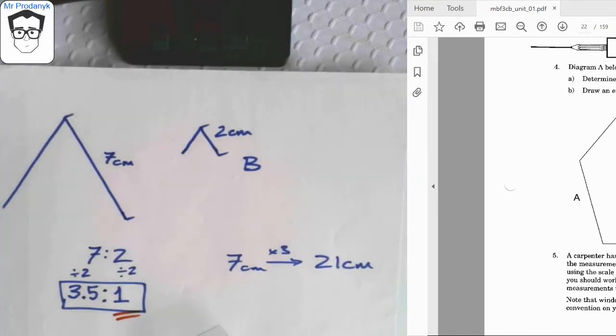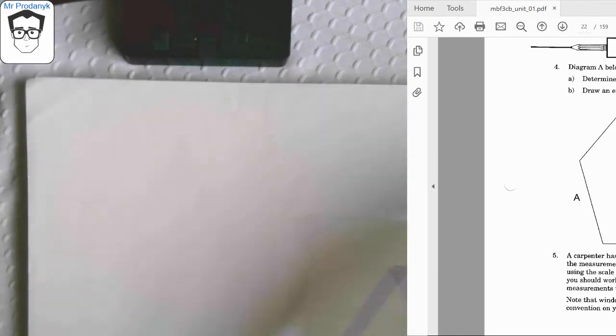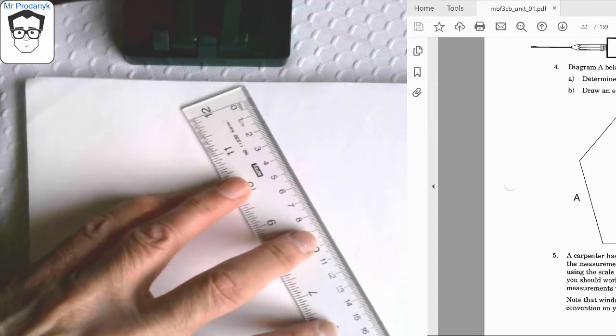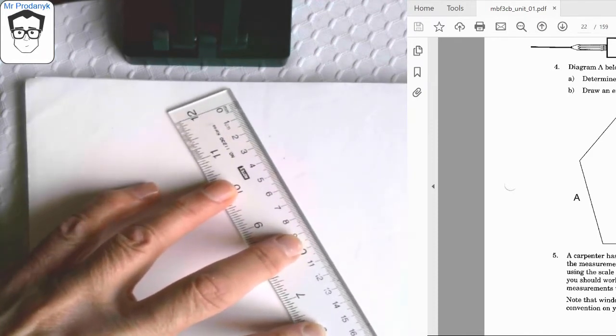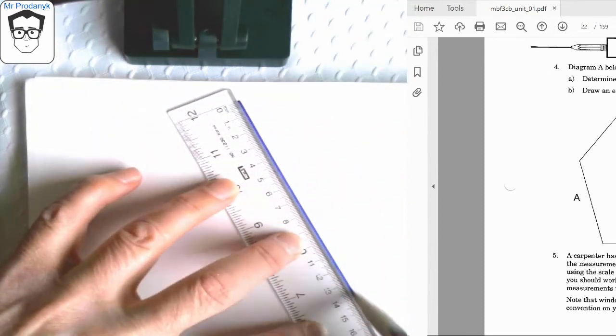Now you won't be able to see this down here, but this isn't going to fit on this one piece of paper for the purposes of this diagram.